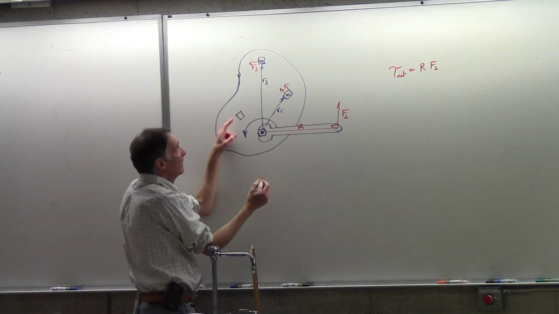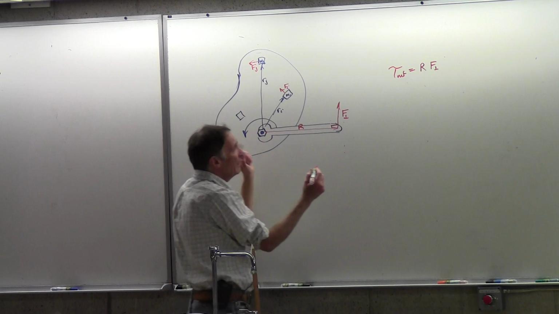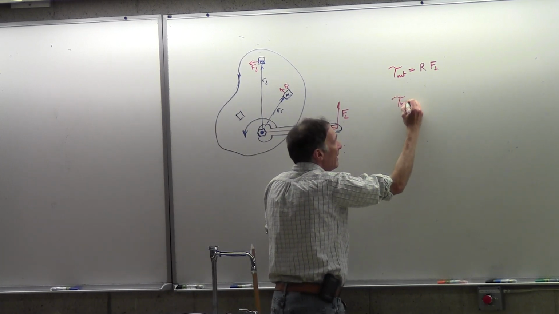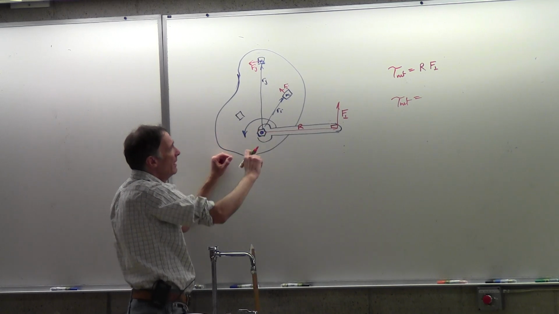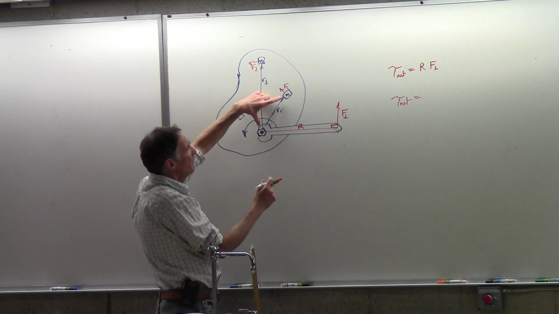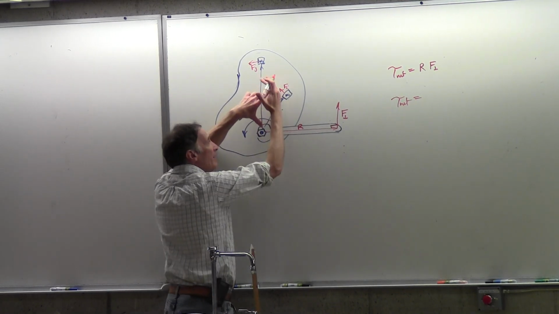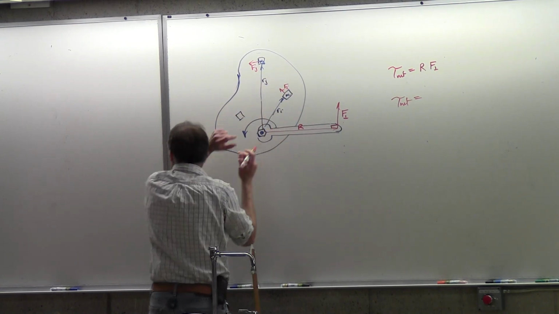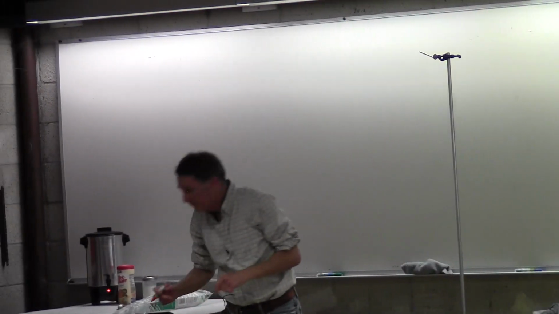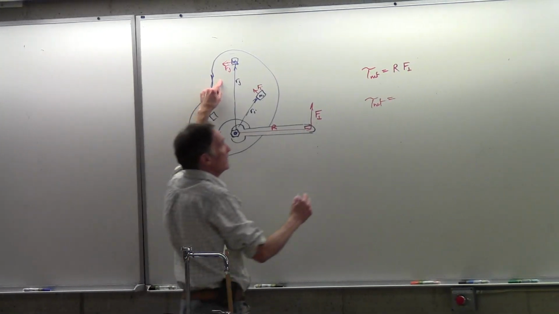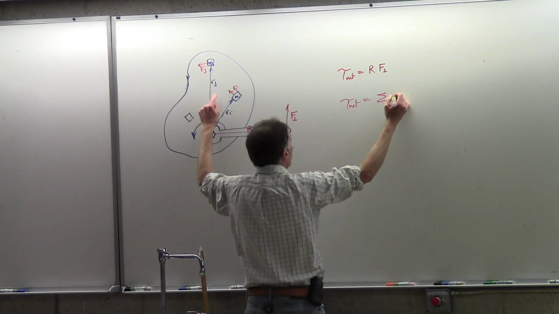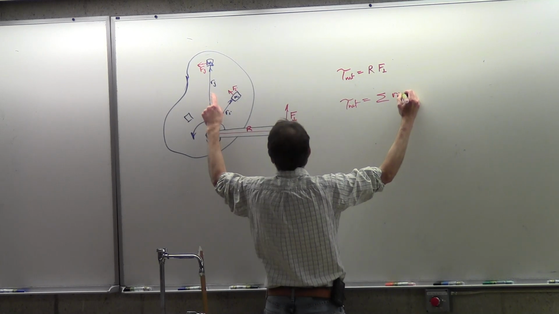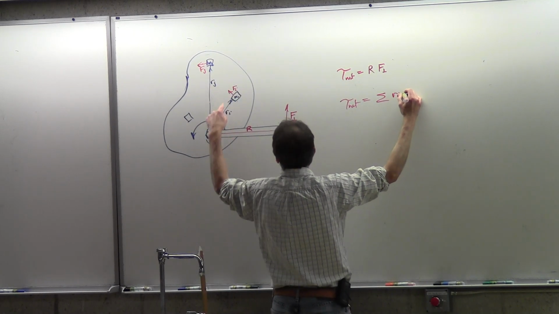The net torque gets distributed over all these little pieces, with little individual torques going along with the force. I could say the net torque is the sum of all these individual torques, R sub i times F sub i.